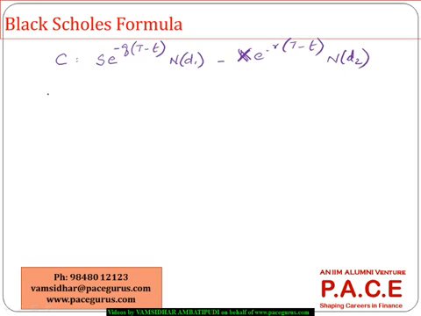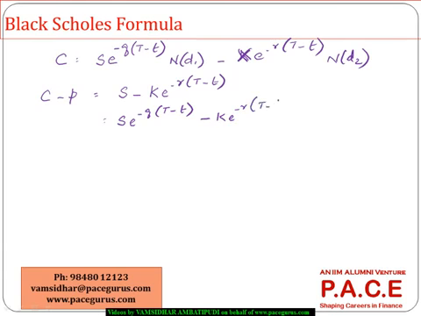Now we know that the put-call parity relationship says the difference between a call and a put should be equal to the spot price minus the present value of the strike price. Here I am talking about the stock price with a dividend, so it should be S e power minus q(T minus t) minus X e power minus r(T minus t). From here we can talk about the price of the put option.